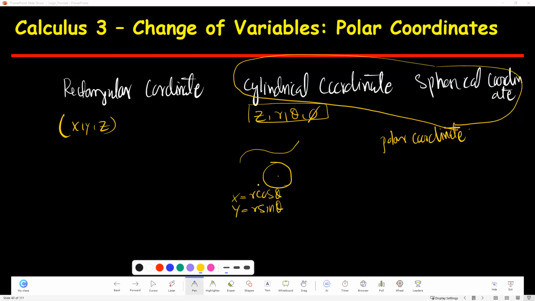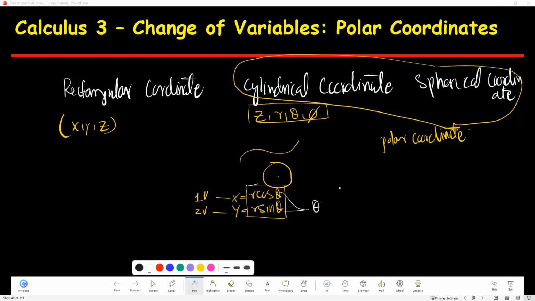What does it do? This is actually very amazing: if you're using x and y, you have two unknowns, two variables. But if you solve through the polar coordinate system, with r cos theta, the only variable you have here is theta.